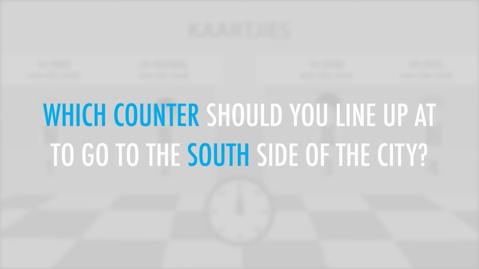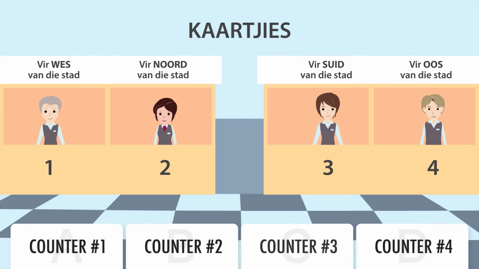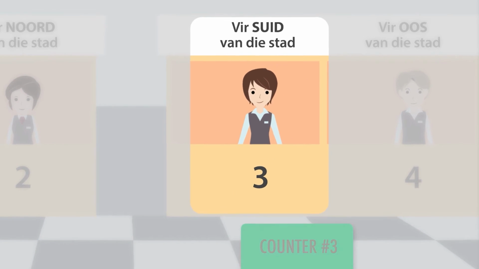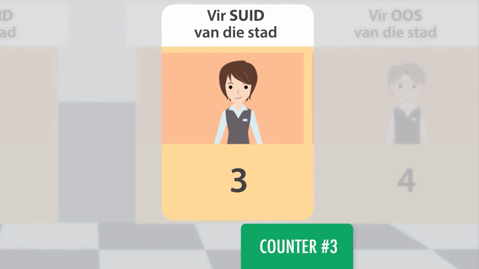Which counter should you line up at to go to the south side of the city? The third counter is the counter for bus tickets that go to the south side of the city. Ver suid van die stad.